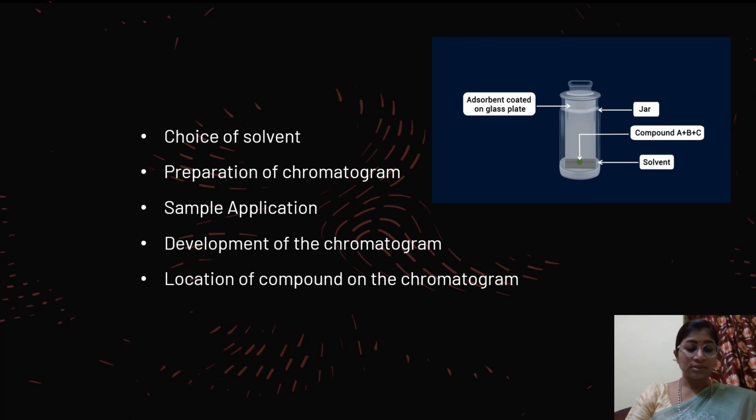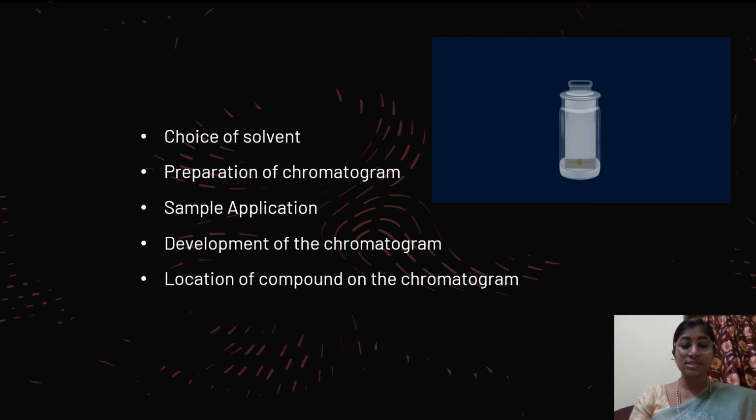Choice of solvent. The choice of solvent depends on the nature of the substances to be separated and on the adsorbent used. Generally, the polarity of the solvent and the substance is matched, and then the choice of solvent is made. More polar solvents produce greater migration and this gives better separation.